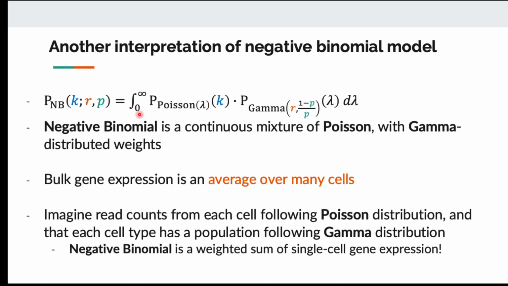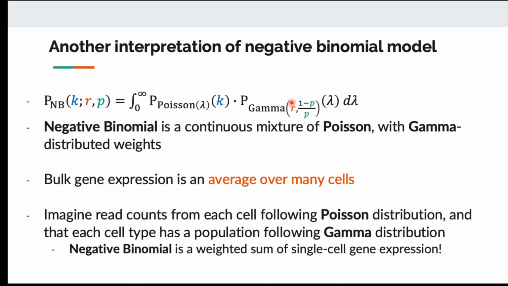We are analyzing the average, and we are seeing the distribution that is a combination of the Poisson, which is natural for counting events, and gamma, which can control the proportion of different cell types. So with this interpretation, it makes sense that we use negative binomial for RNA sequencing data.